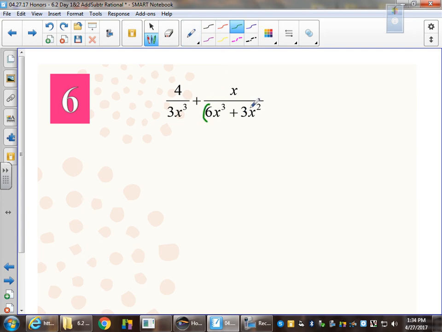So looking at these as the pieces that they are, 3x to the third and then this factor, my LCD is going to just be 3x to the third times 6x to the third plus 3x squared.